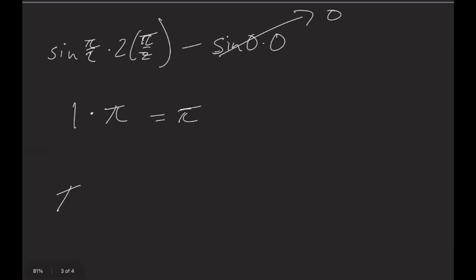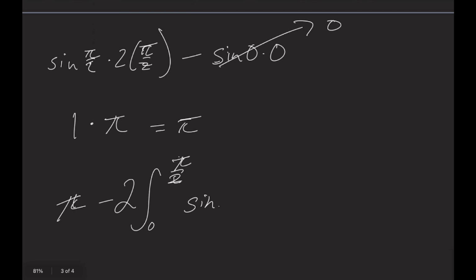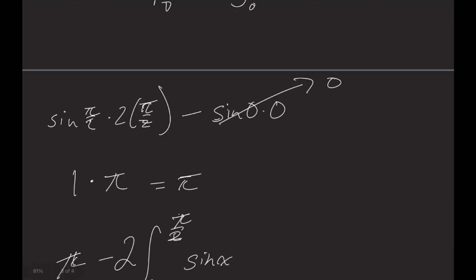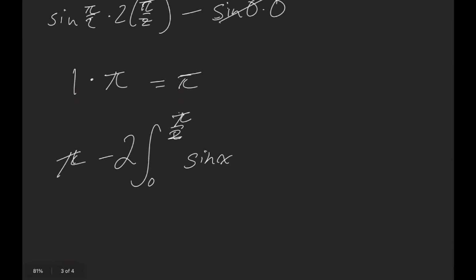Let's do the right side now. So we have pi minus the integral from 0 to pi over 2 of 2 sine x dx. You guys see how I moved the constant out of the integral?